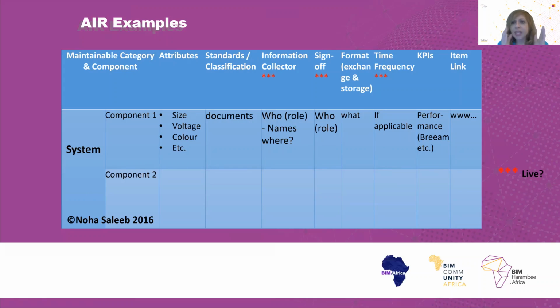Therefore, if we know that the AIR is going to go through phases of completion or adding to, then we must be careful that when the next iteration or added information or addendum is added to that AIR, maybe an addendum to the original contract or a new contract should be put in place to take that on board.